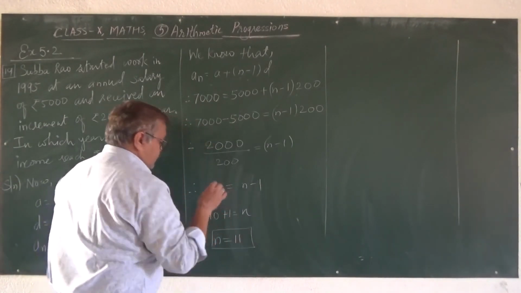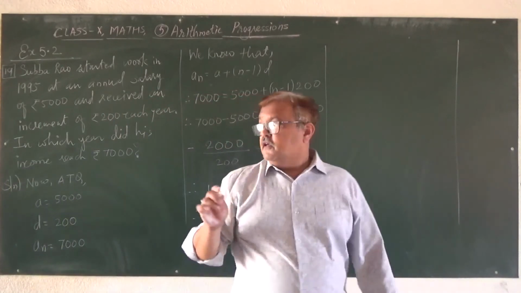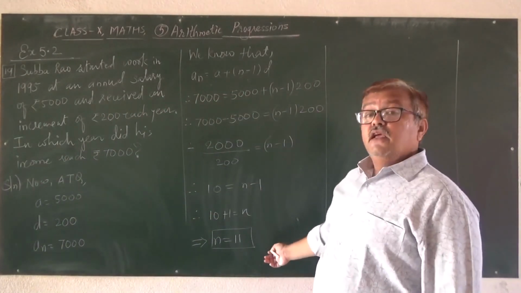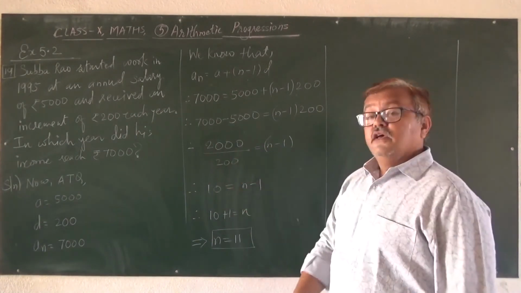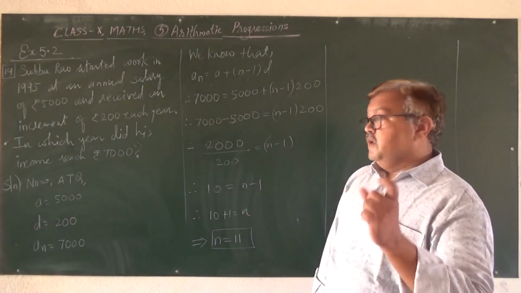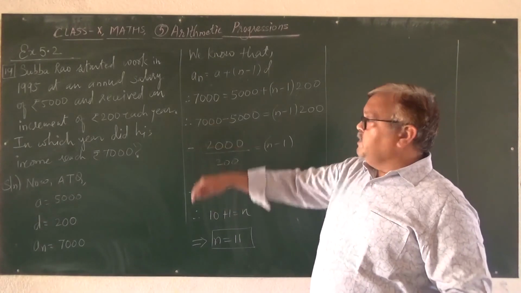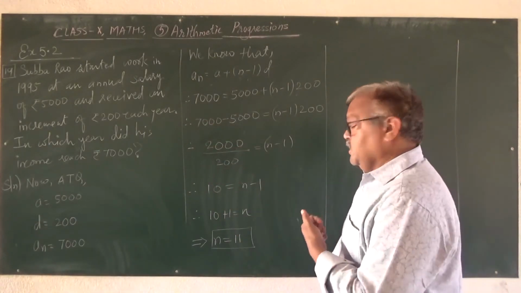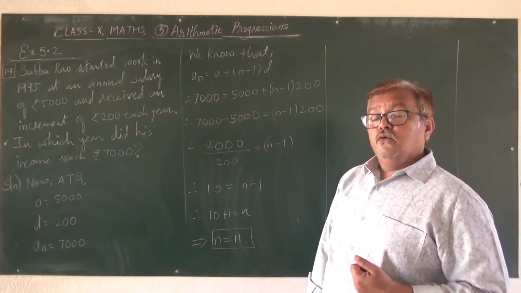So he started the job in 1995. After 11 years, his salary will be rupees 7,000. So you have to find the year. You can calculate from 1995 up to 11 years, so that will become 2006.